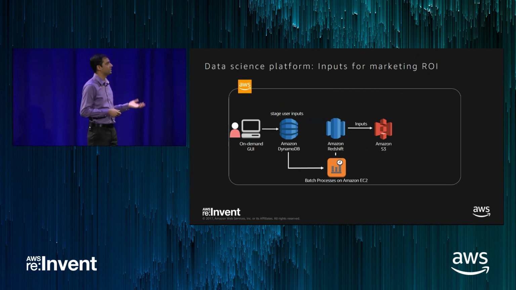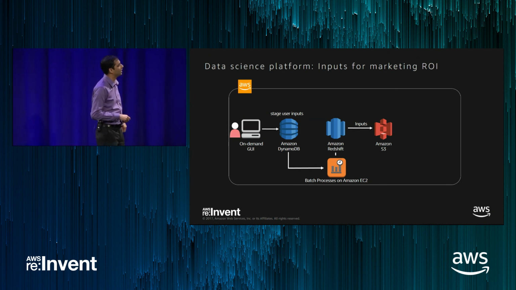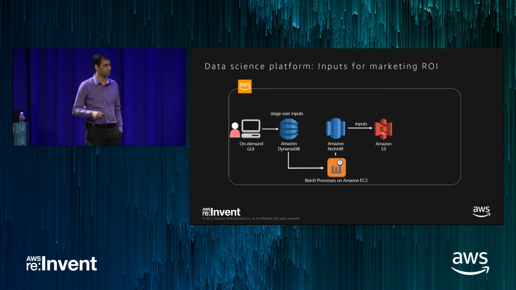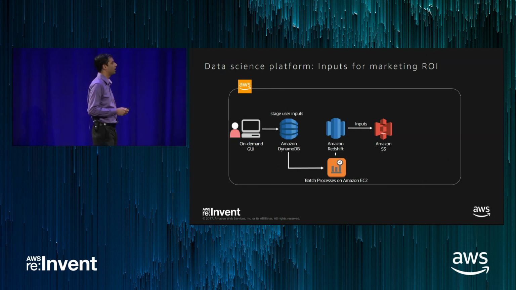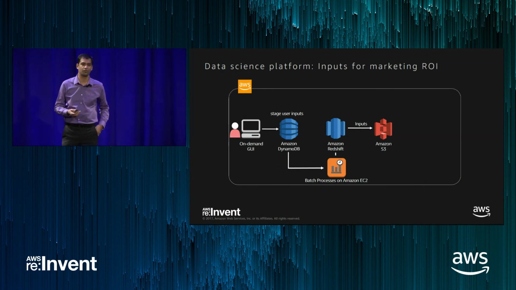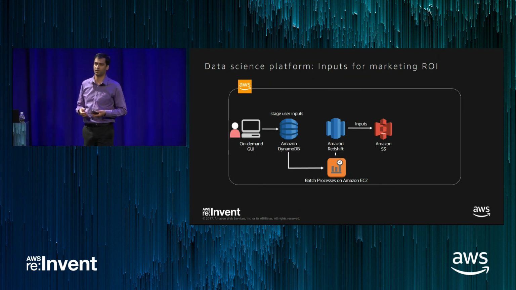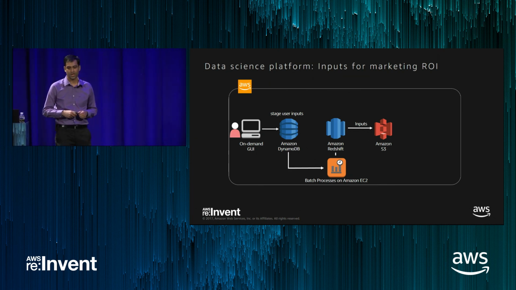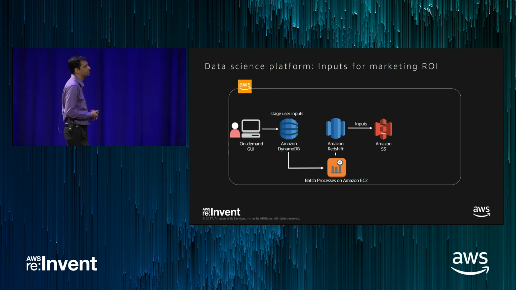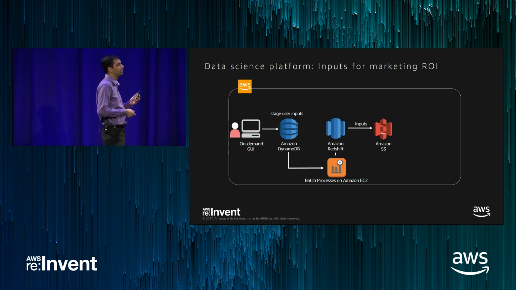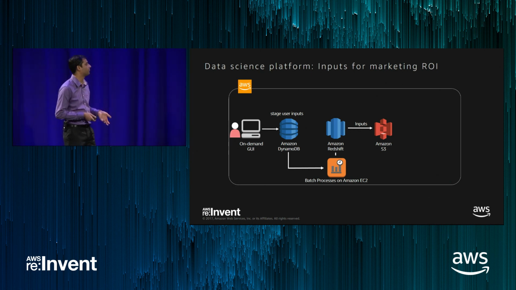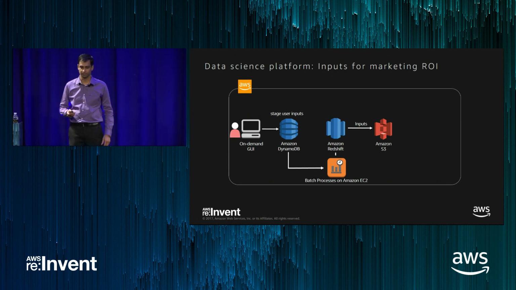The inputs from this interface are staged in a DynamoDB. We also have a batch process running every 5 minutes, which looks for any user inputs in DynamoDB. If it sees a new request, it will change the status of that request to in progress, and then kick off the scripts to pull the data from Redshift and push it in S3.